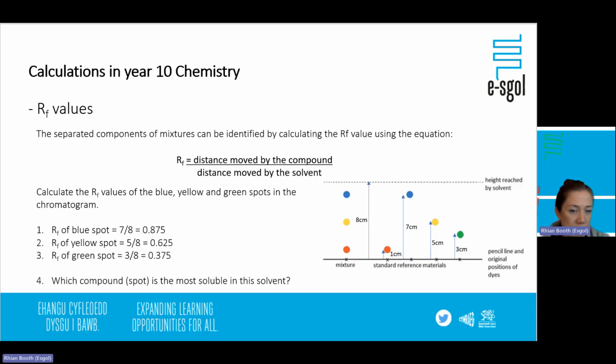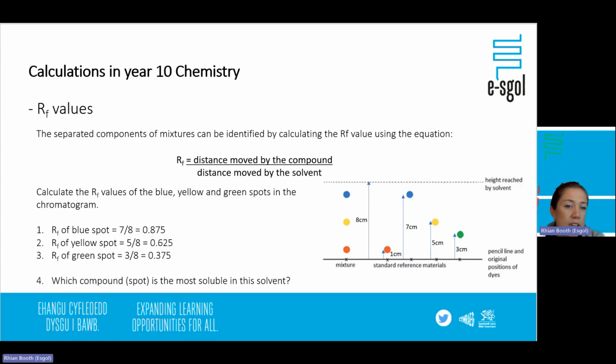Now, the compound which is most soluble in this particular solvent is the one that travels the furthest. So we can either look at the one that's travelled the furthest, which is the blue spot, or we can look at the RF values. The most soluble have the RF value which is nearer to 1.